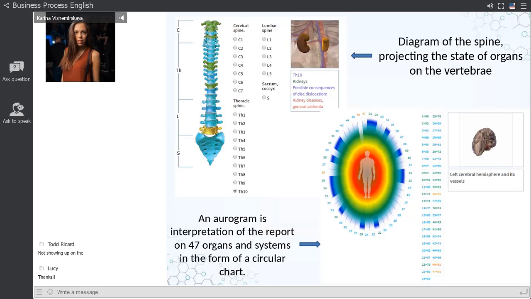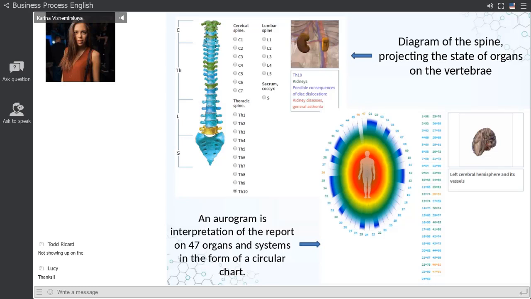So we have a spine diagram and we have an orogram. As I told before, the spine diagram is a projection of the organs and systems on our vertebrae. By clicking on the spine discs, either in the circles or on the spine discs themselves in the application, you can see the organ and system it's connected to, and which conclusions we may have, which consequences if we have a disc displacement in this donut.